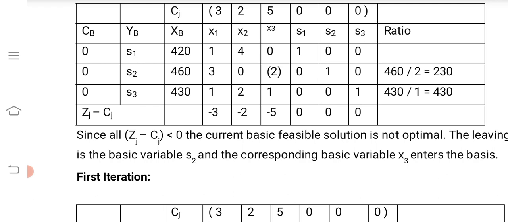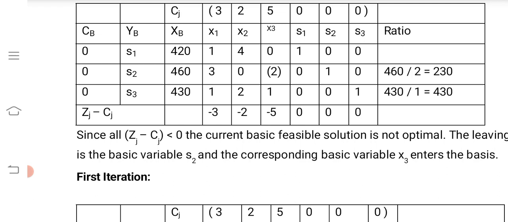In this problem it is less than 0, so we continue to the next iteration. The most negative value in the topmost row is minus 5. So the minus 5 column is the entering column.